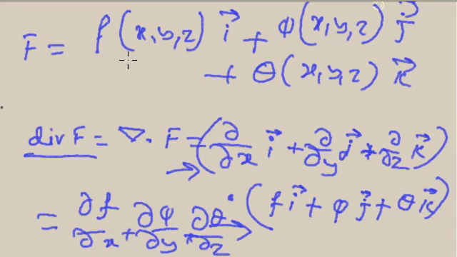That means if f is a vector quantity and is represented like this, then if you want to calculate the divergence of f, you just require one step. You differentiate this component with respect to x, treating other variables as constant, add it to this differentiated with respect to y, treating other variables as constant, and add it to this function differentiated with respect to z, treating other variables as constant.